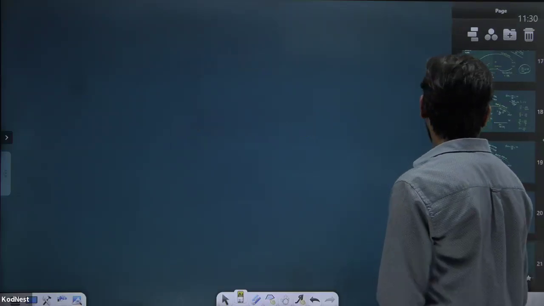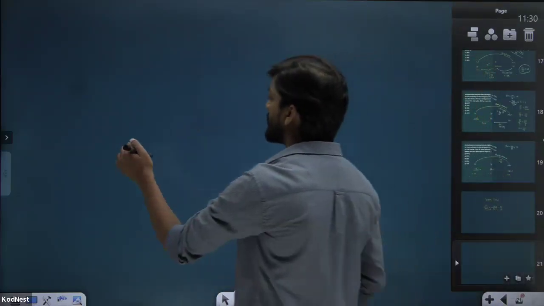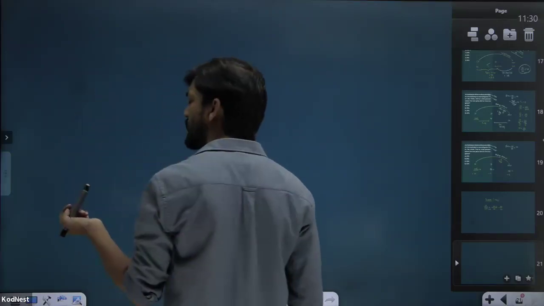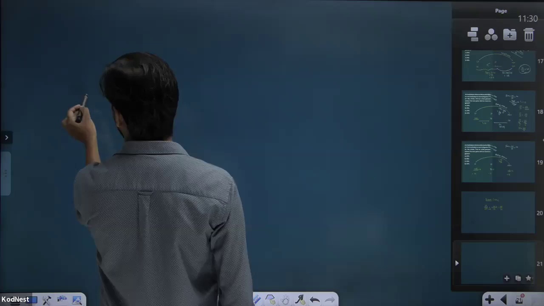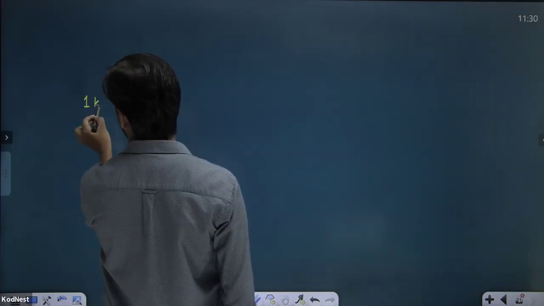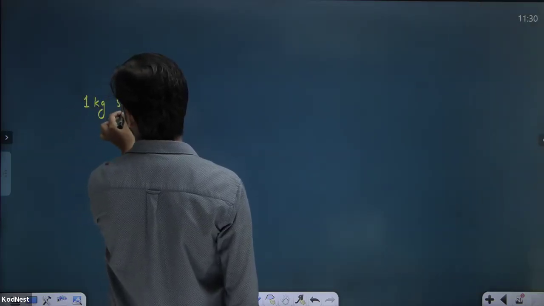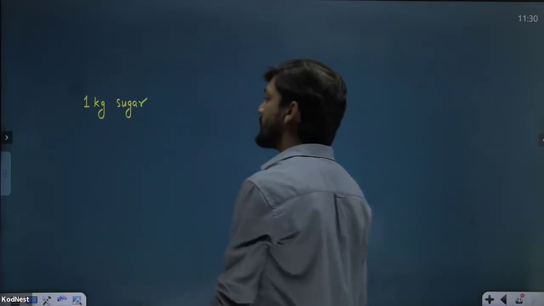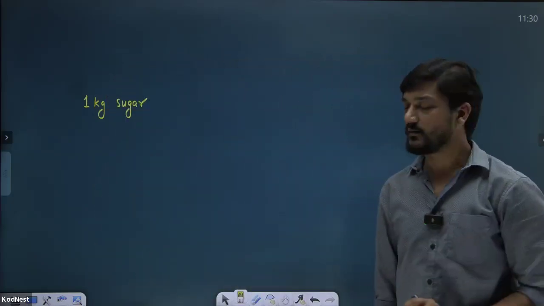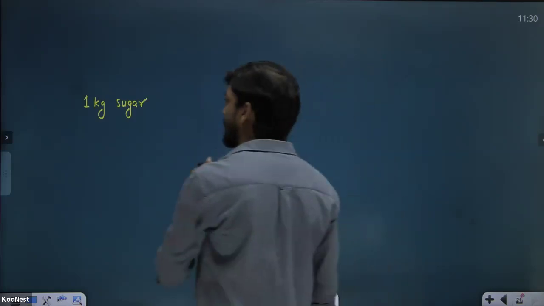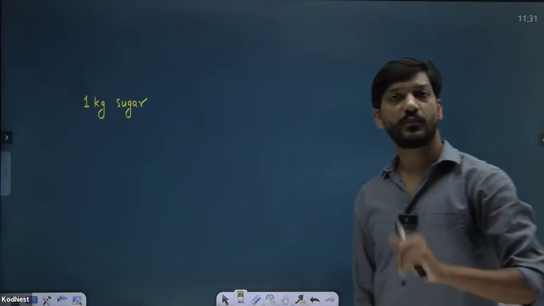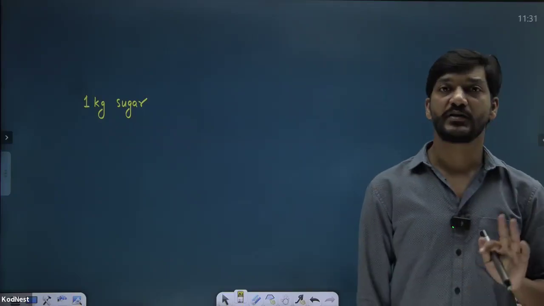All right. One more, let me ask you a question. Sometimes you might see this question. One kg sugar is there. One customer comes to the shop and I am the shopkeeper, suppose.